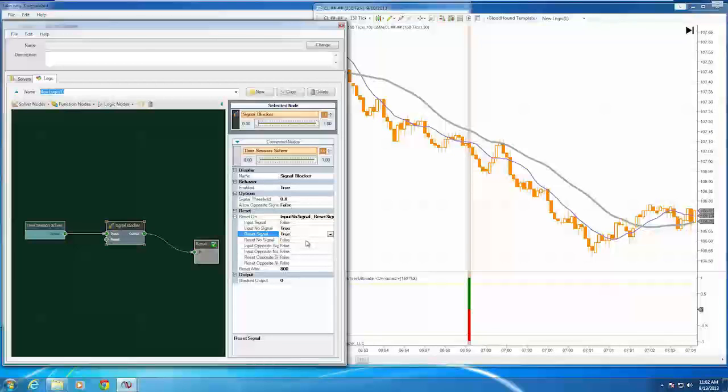Resets are great for, as we saw here, anchoring, say at the beginning of a time session or something like that. But you can anchor to anything else. You can anchor to maybe another signal, maybe a crossover signal, who knows? Or maybe you like to build your system so you've got some sort of general criteria, and this is what you call your quote-unquote setup.